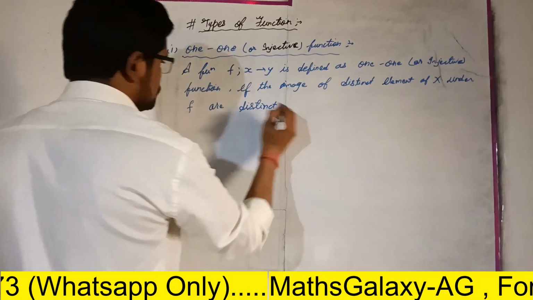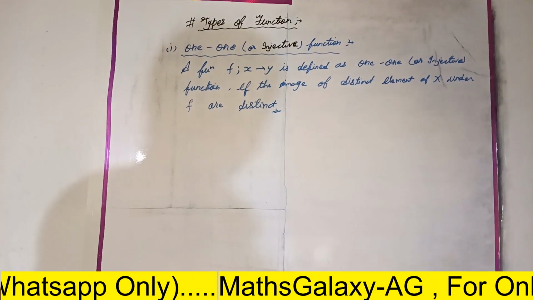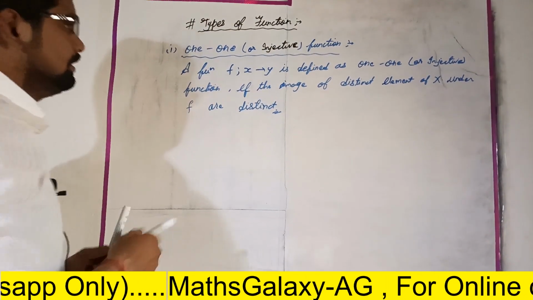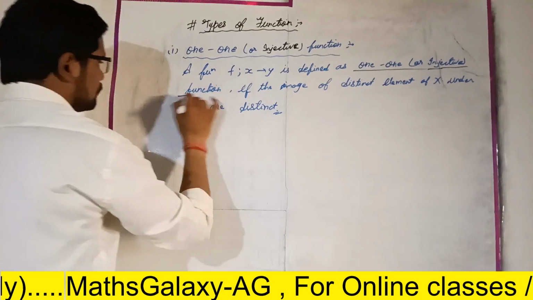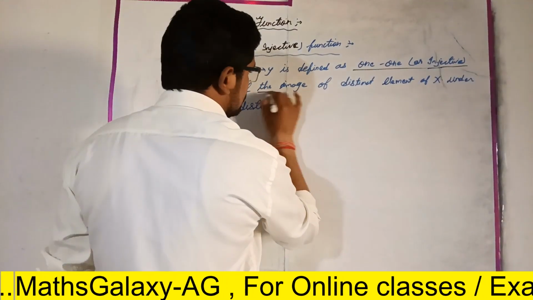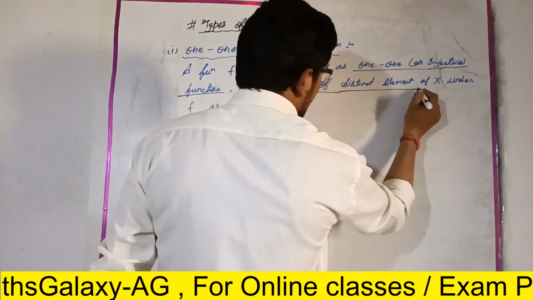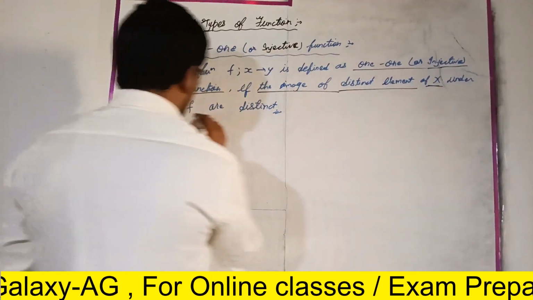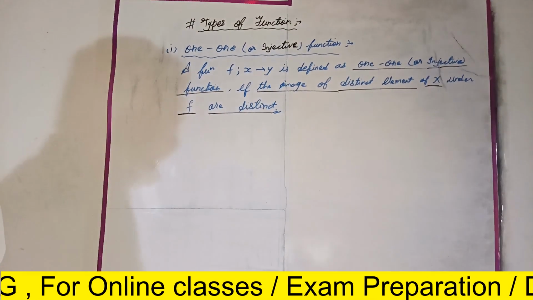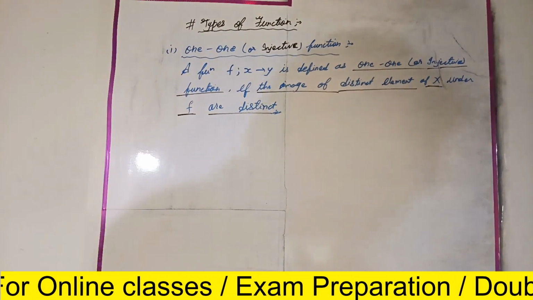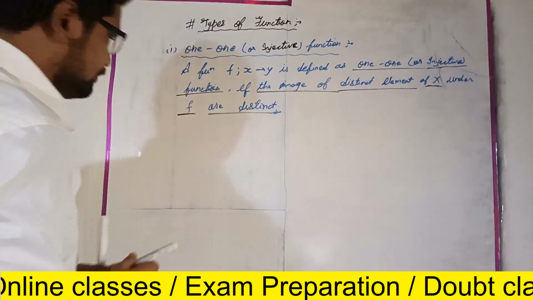If f from X to Y has the property that the image of distinct elements of X under the function f are distinct, then that function will be known as injective or one function.